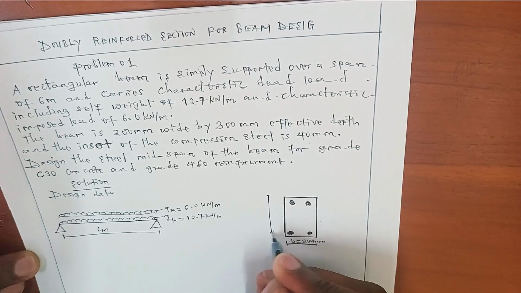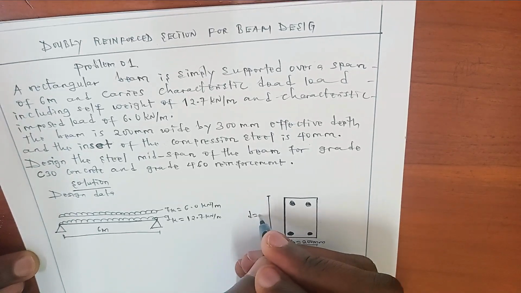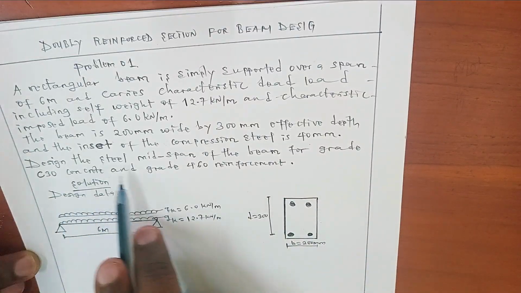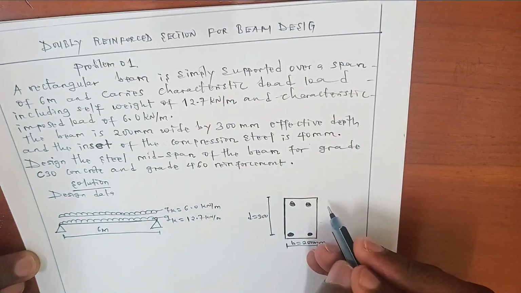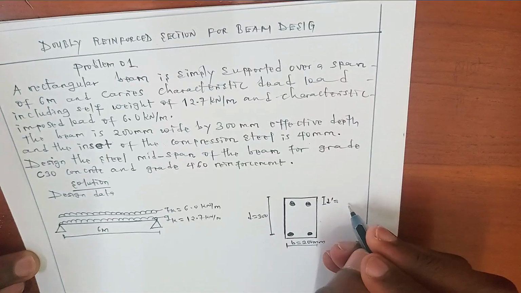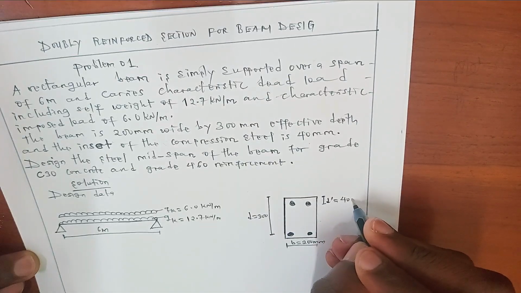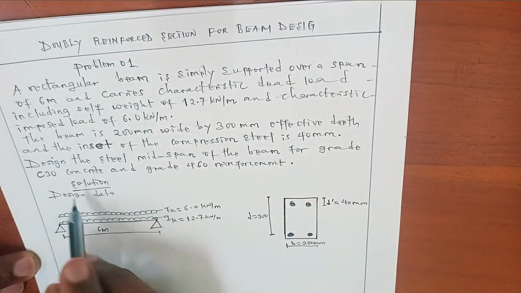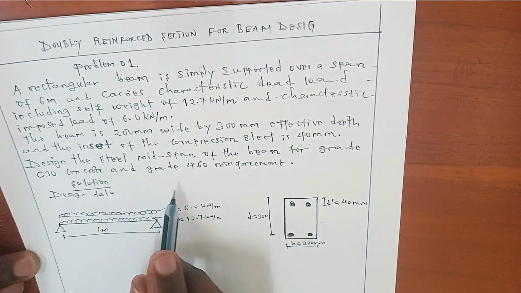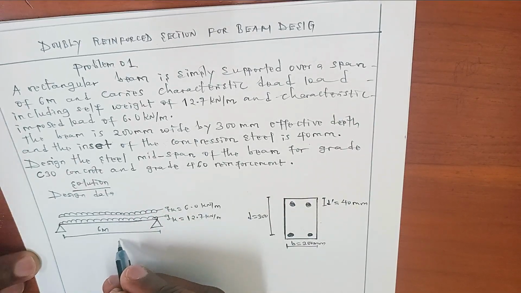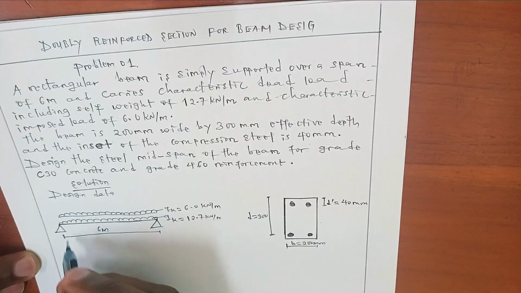The effective depth of the compression steel is 40 millimeters. We are going to design the beam at midspan, at the maximum moment of this beam.